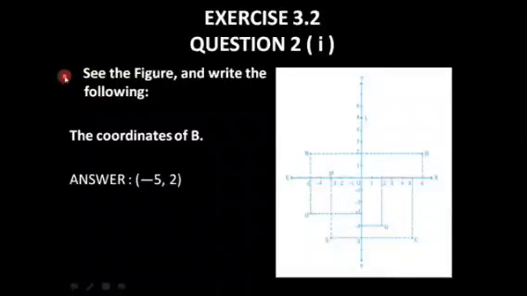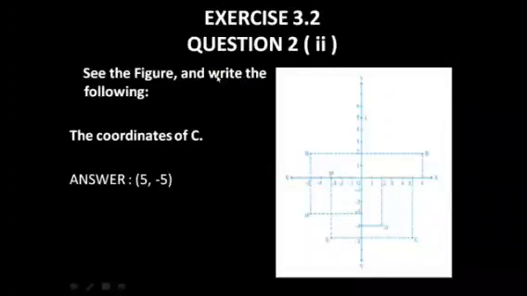We have been asked to see the figure and write the following. The first question of question number 2 is the coordinates of B. Let us get to the figure. The coordinates of B on the x-axis is -5 and on the y-axis is 2. Hence, the answer is -5, 2.